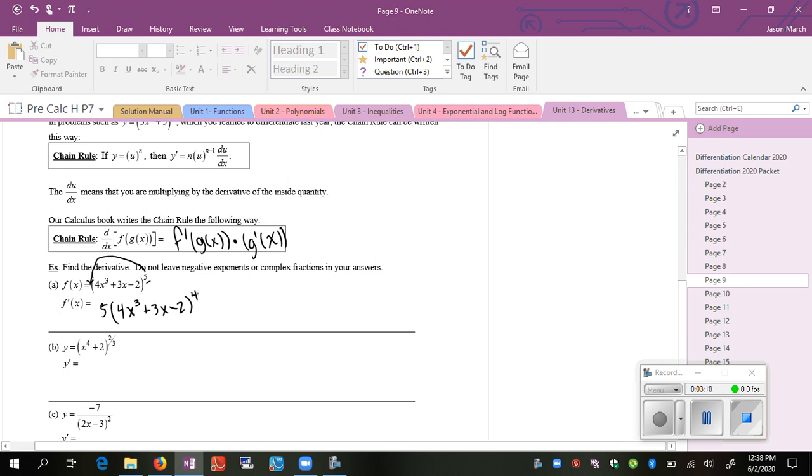So there's the power rule. But then I also have to remember, again, this was the chain rule, so I am now multiplying by the derivative of what's on the inside here. So it's going to be 12x squared plus 3. And this is a lot simpler than multiplying this parentheses out 5 times and applying just the simple power rule for that one.